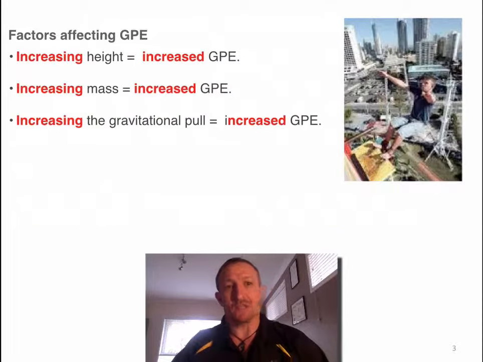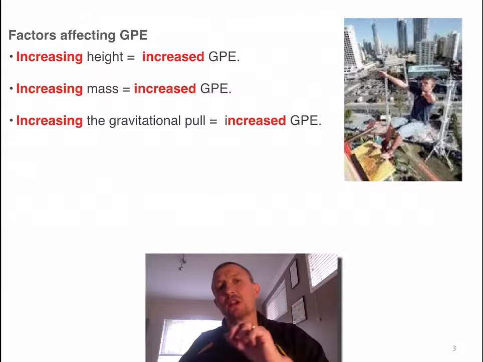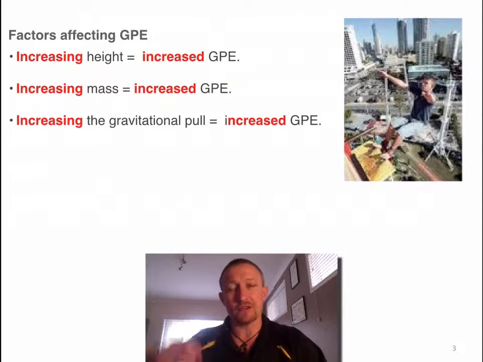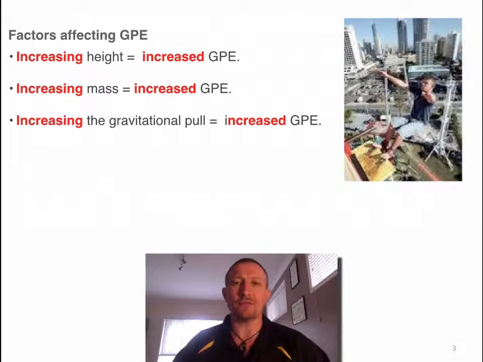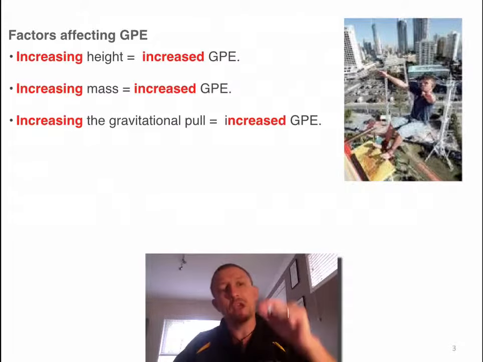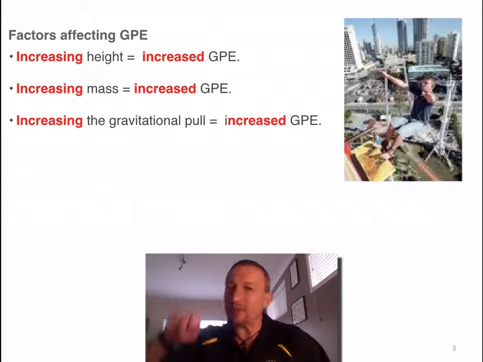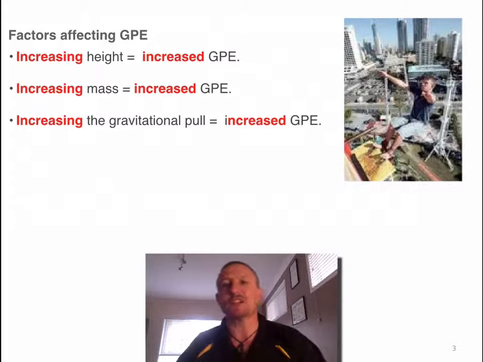Okay, so what's going to happen? As I stated, as we increase the height, we increase the GPE. So the further up you go, the more GPE. If you go up and start eating food, you're going to increase your mass, and increasing your mass is going to increase your GPE. If we were able to have a dial to change the force of gravity, by increasing the force of gravity, we would increase our GPE.